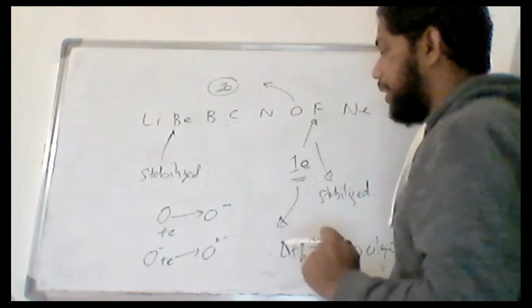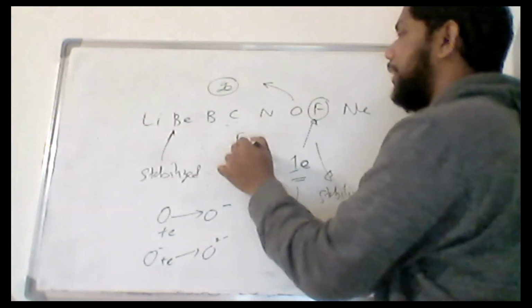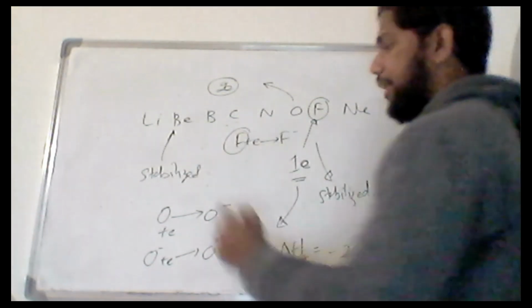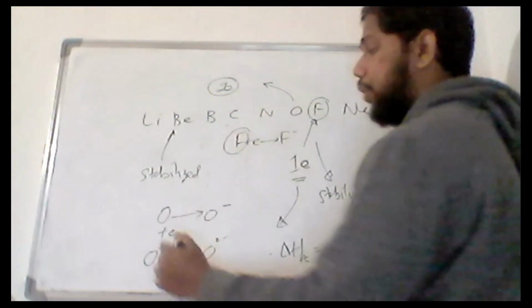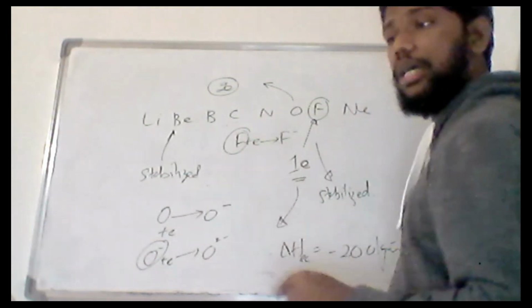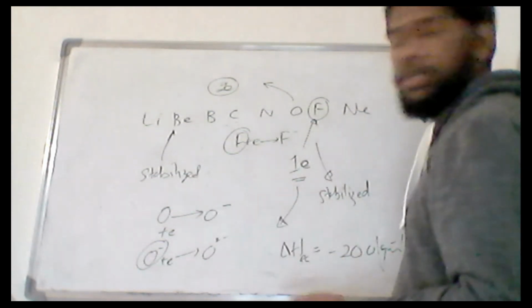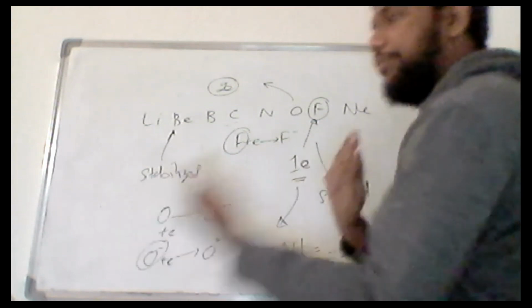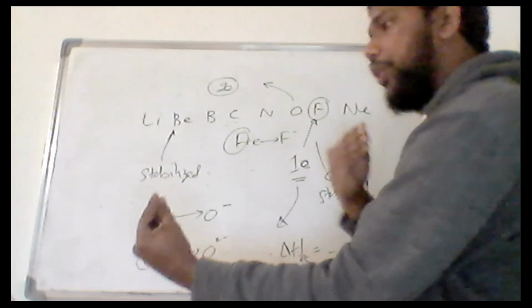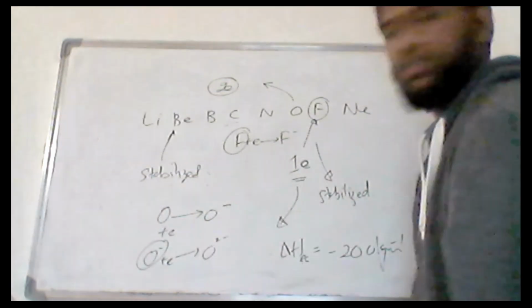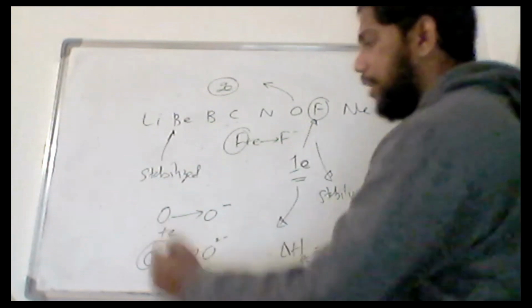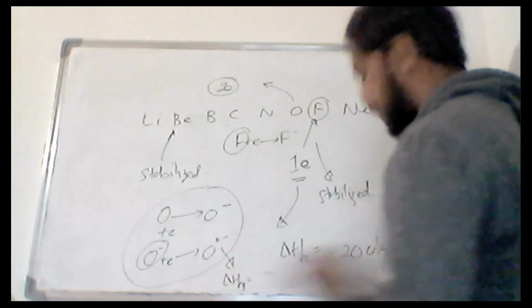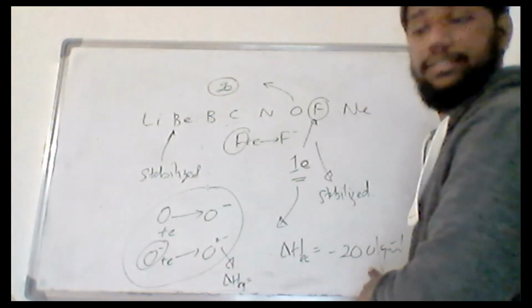But remember, the first electron is added to a neutral element. For the second electron, you are adding it to an already negatively charged element, so there is an electron-electron repulsion, because you are going to put a negatively charged electron onto a negative ion. So the overall delta H of electron affinity would be a little less than this.